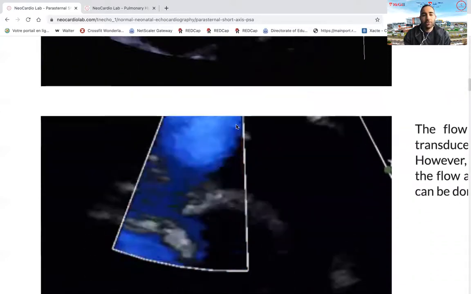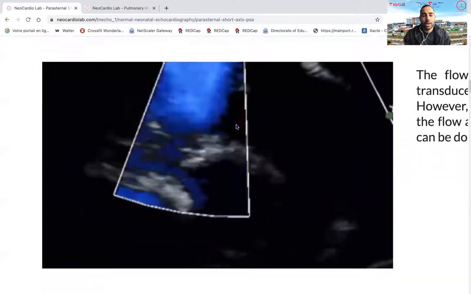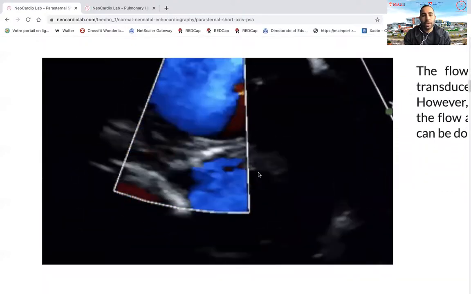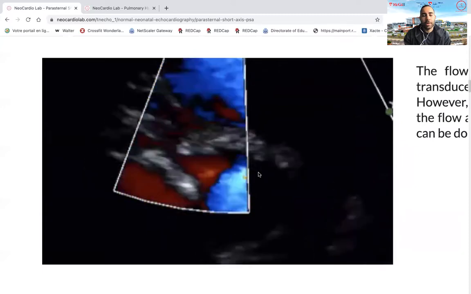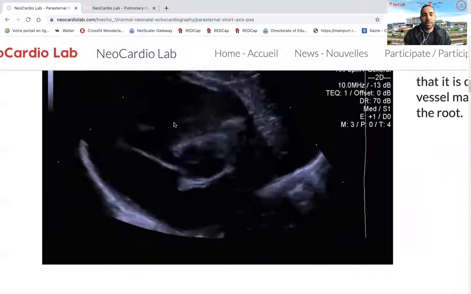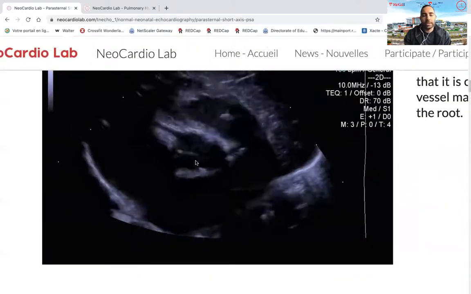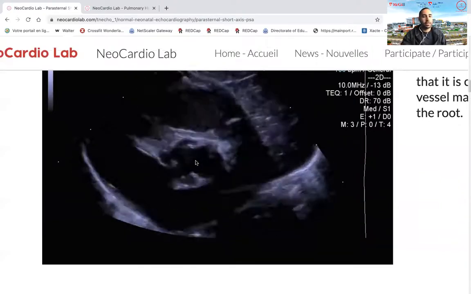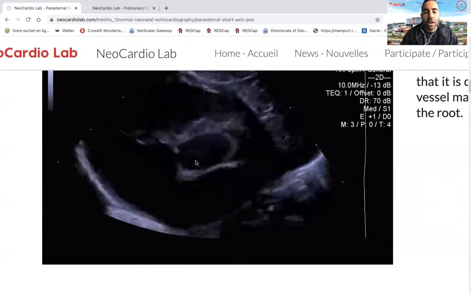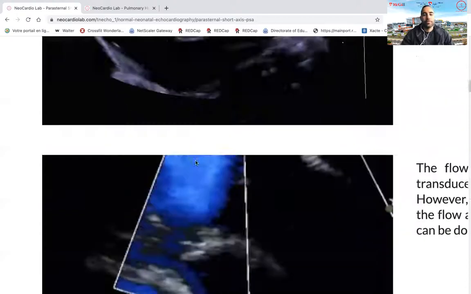And then if you're lucky, you might also see the blood flow in the RCA, but it's more difficult because in the parasternal short axis, it's much more difficult to obtain color flow into your RCA.